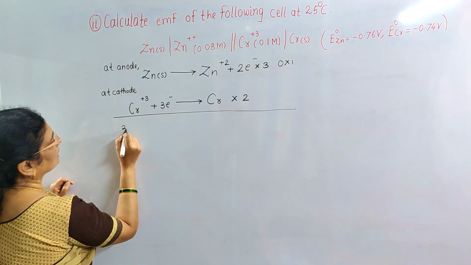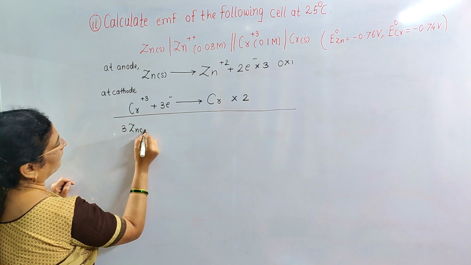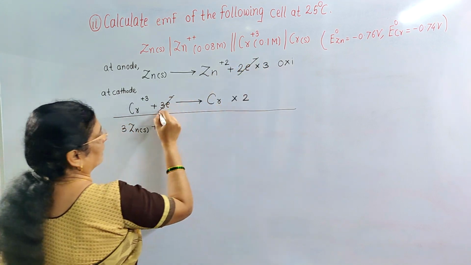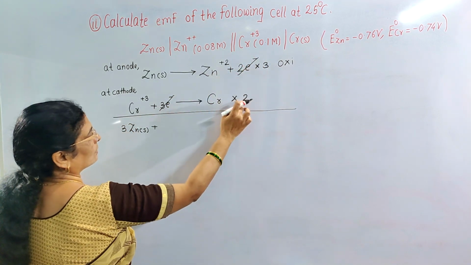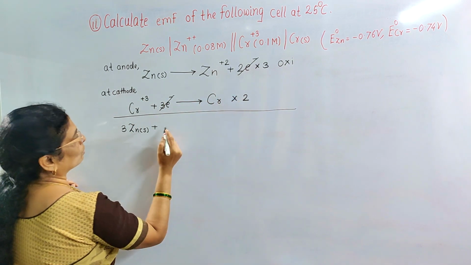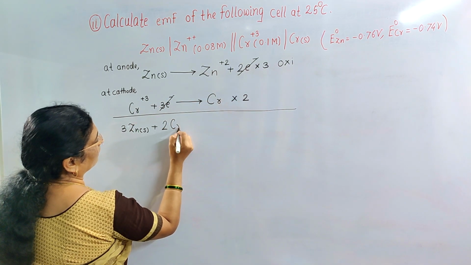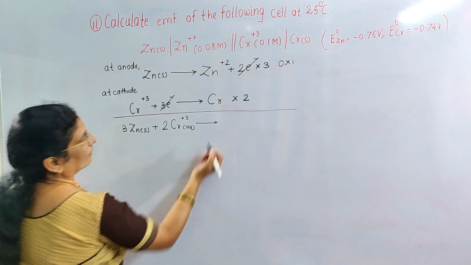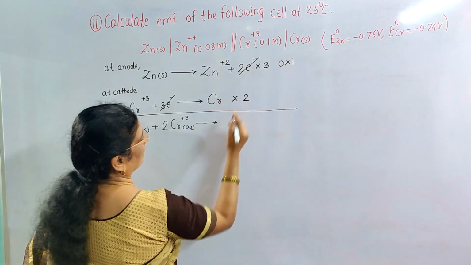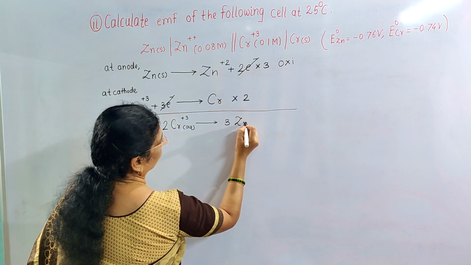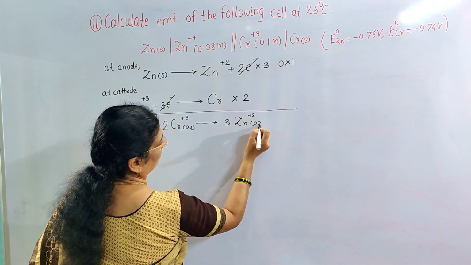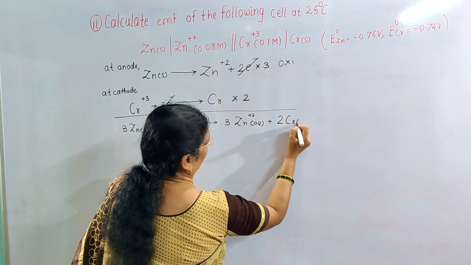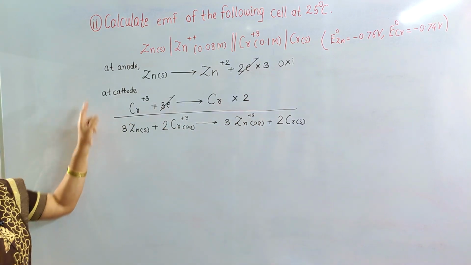Therefore it will be 3 Zn solid plus 2 Cr plus 3 aqueous gives 3 Zn plus 2 aqueous plus 2 Cr solid. This is the net cell reaction.